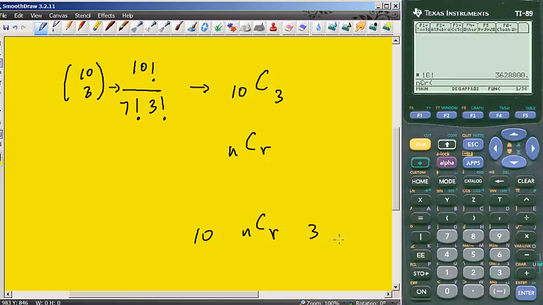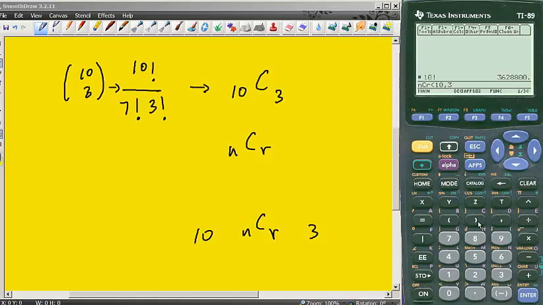That's what you probably have to do on your calculator. Here, I'm going to find that 10 choose 3 with the graphing calculator, and I'm going to hit enter, and you should get an answer of 120. If you got an answer of 120, then you did it correctly.